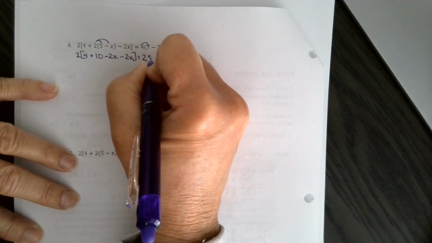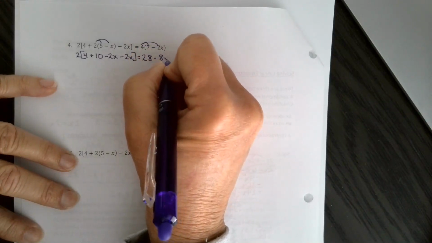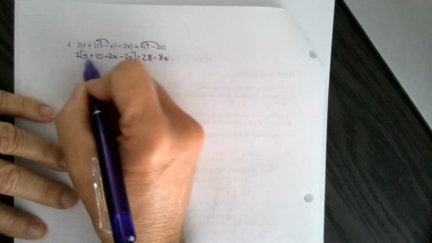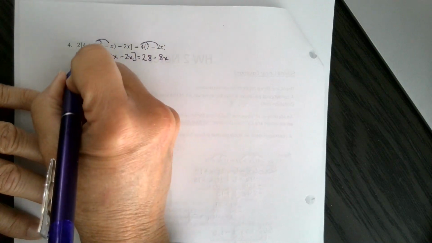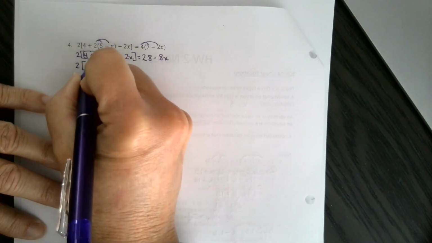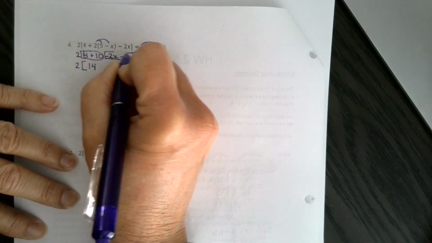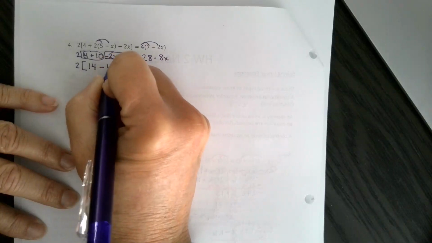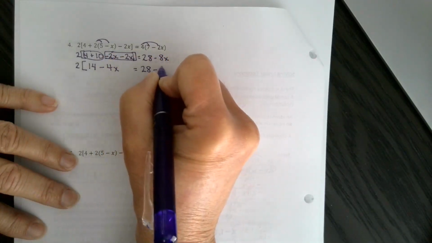This gives us 28 minus 8x. Before I start doing anything, I'm going to simplify inside these brackets. So I have 2 times, I can simplify this to get 14. I can simplify that to get negative 4x equals 28 minus 8x.